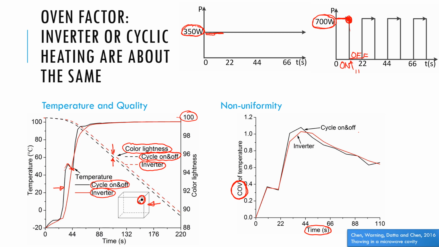So the non-uniformity initially increases as we start to heat. Why? Because microwave energy deposition is fundamentally non-uniform.